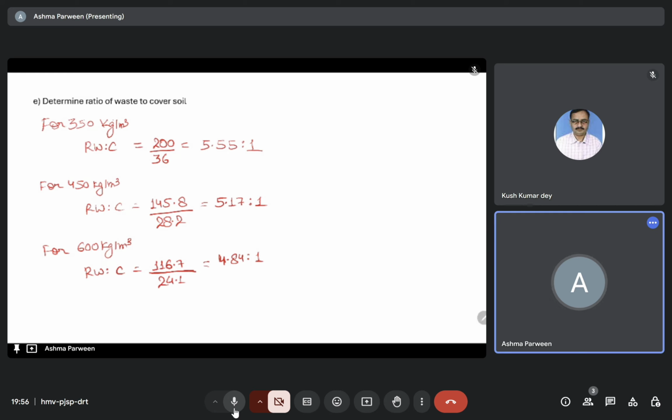So as the waste is more and more compacted, lesser space will be taken in the landfill, and lesser amount of soil will be required to cover it.